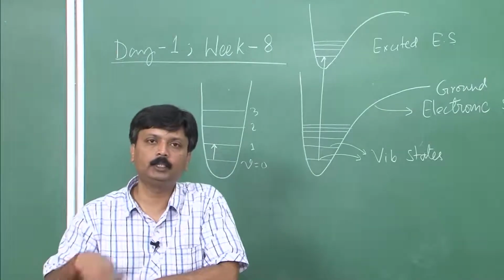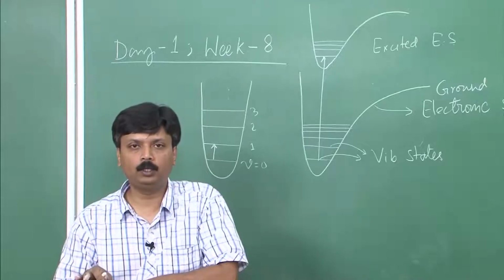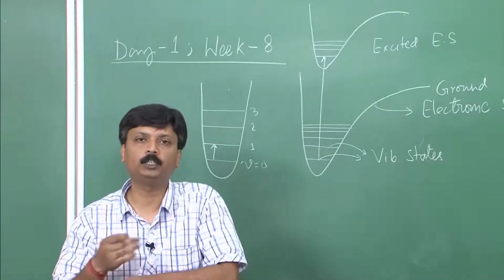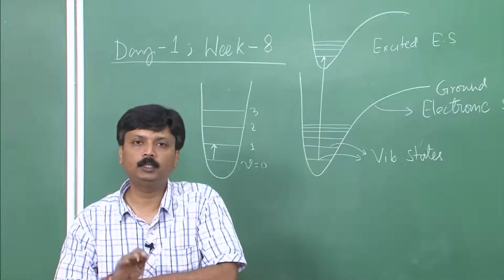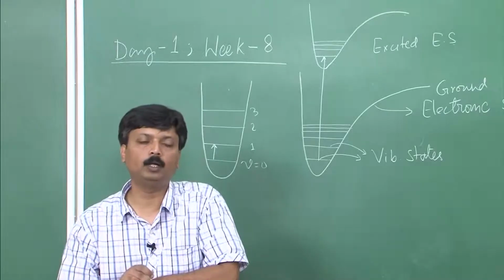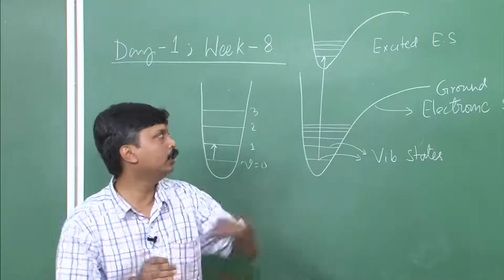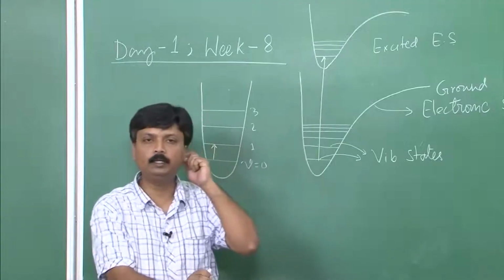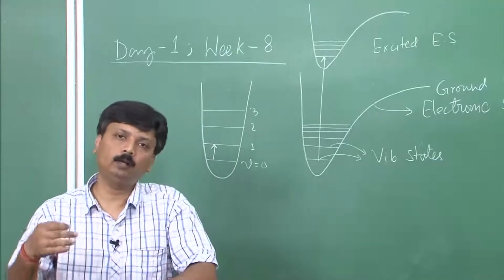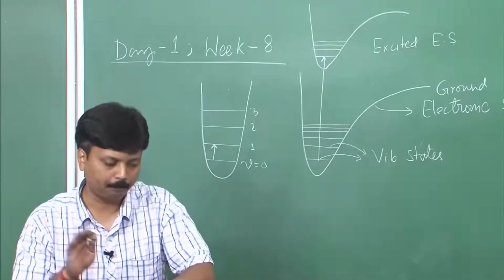In our discussion, we will not worry about the rotational levels or rotational transitions. Vibrational transitions we have looked at already, and their selection rules also, but in the context of electronic transitions, where the vibrational transition is also involved, we will look at the vibrations in a bit different way.